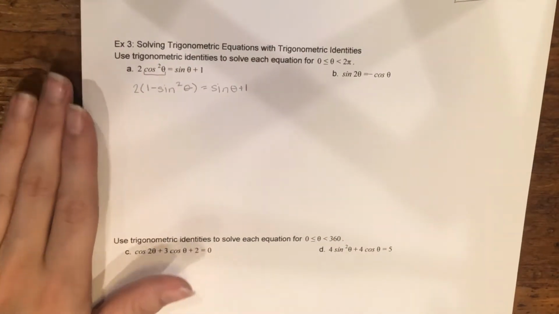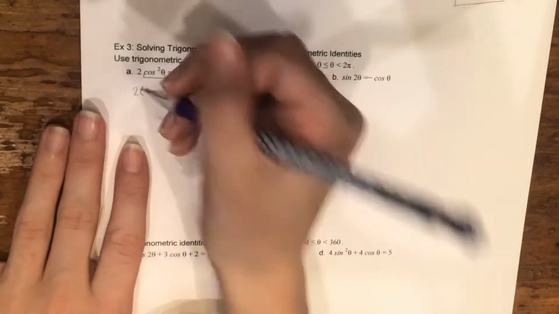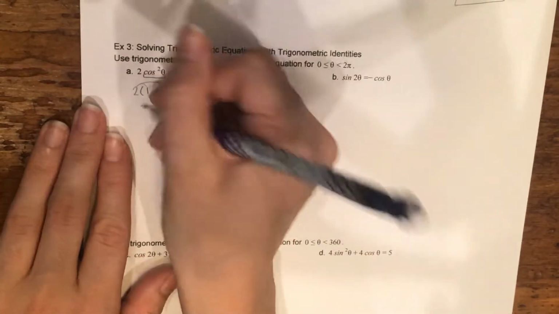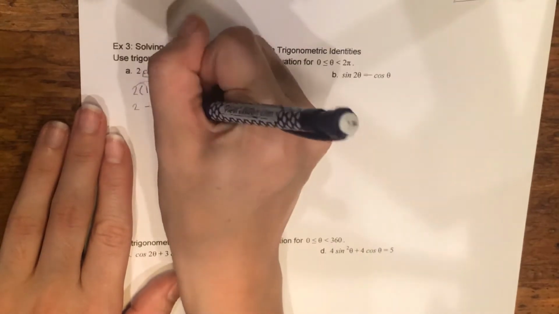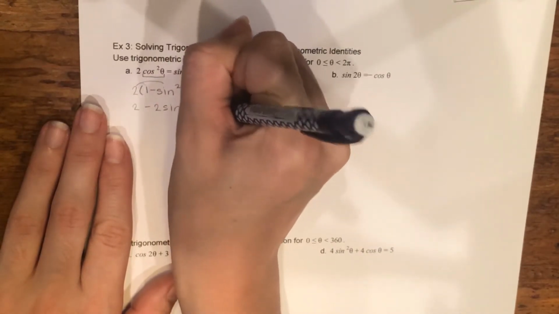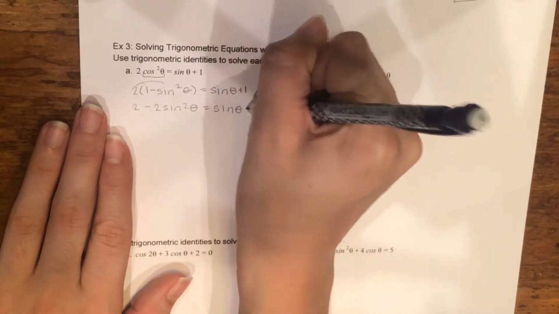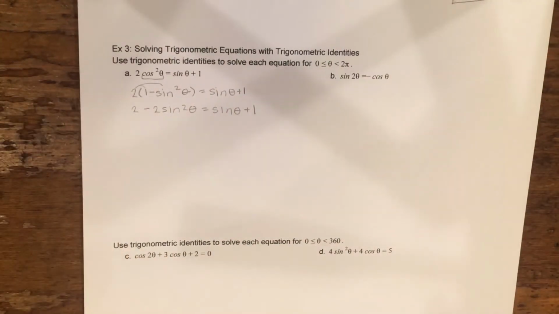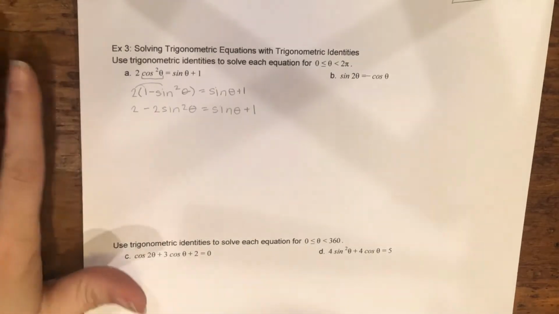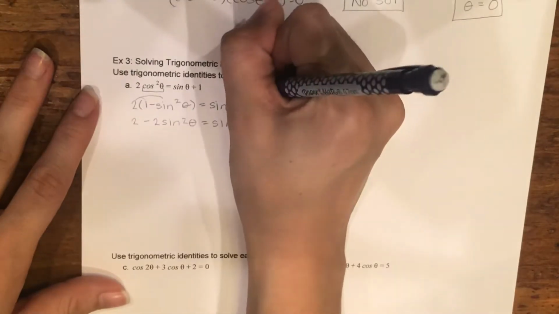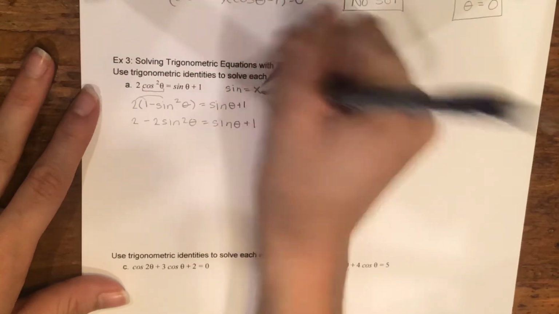Then we're just going to start solving. I'm going to distribute this 2. I would have 2 minus 2 sine squared theta equaling sine theta plus 1. If you want to switch that sine out for x to make it a little bit easier, you can do that. So you can say sine equals x.